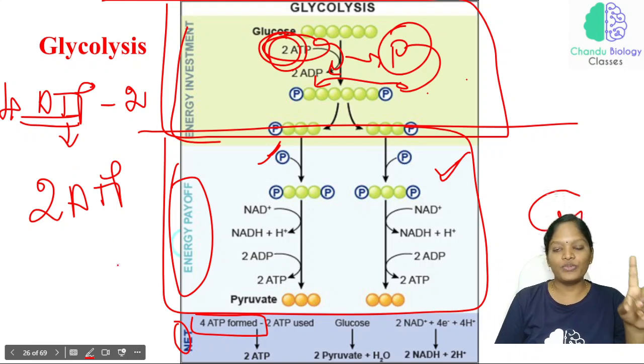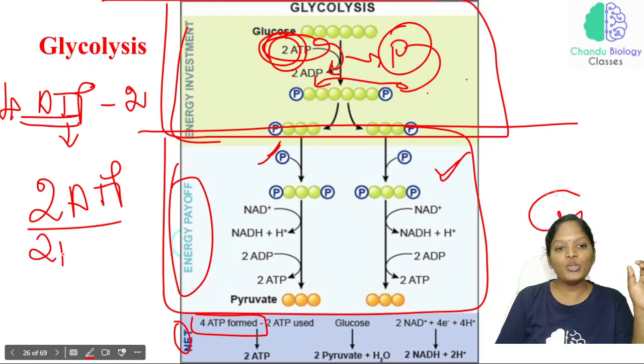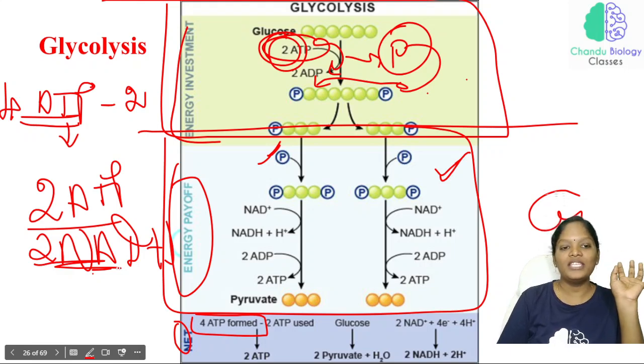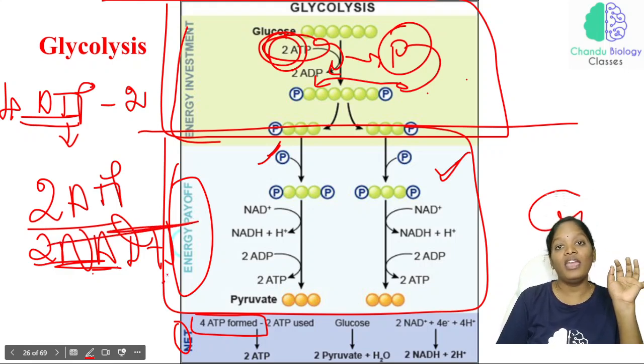So 1 glucose is converted into 2 pyruvate, and in glycolysis itself 2 ATP and 2 NADH are produced. You should know that 1 NADH is equal to 3 ATP, so 2 NADH, 2 into 3, is 6 ATP. Together here it will be 8 ATP.